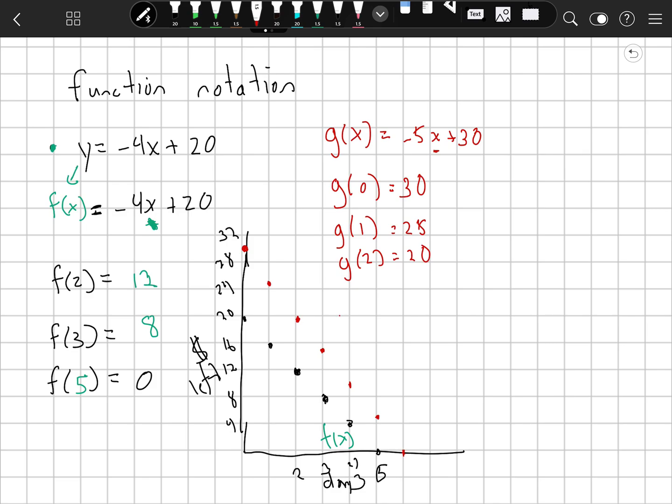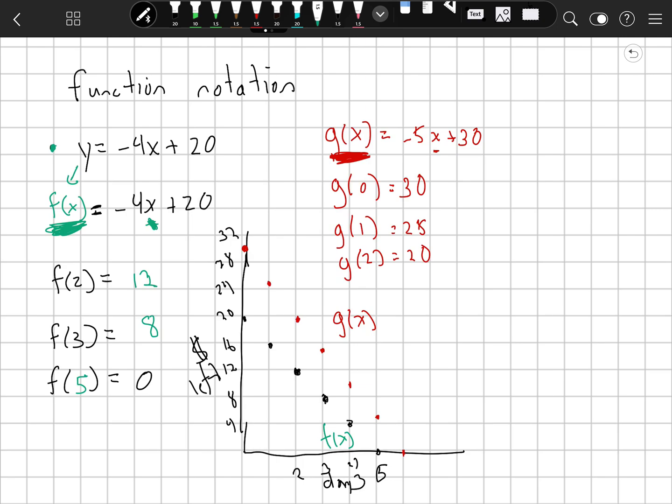So if you have two functions that you're looking at on the same graph, it's nice to be able to identify one function as g of x, your friend's amount of money after so many days, and the other function as f of x, your amount of money after so many days.